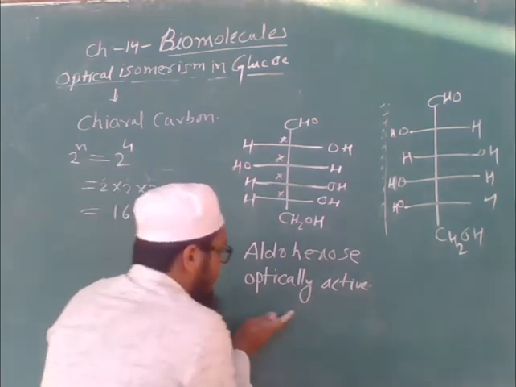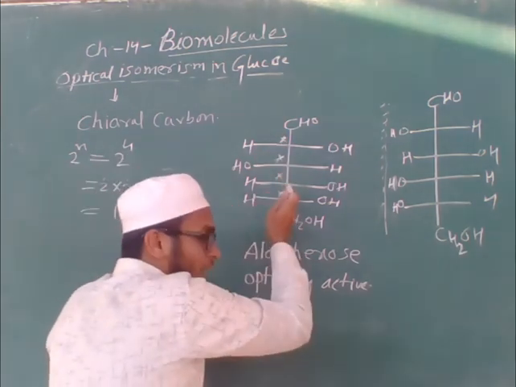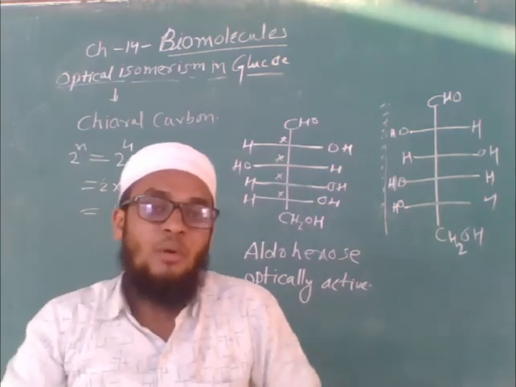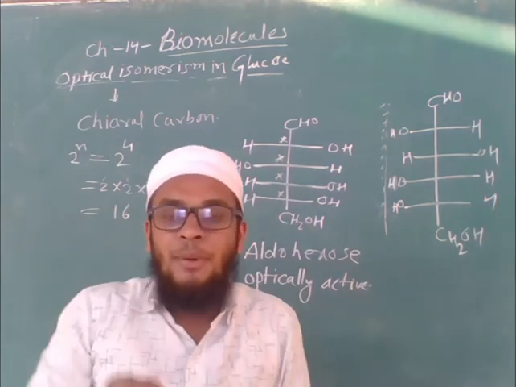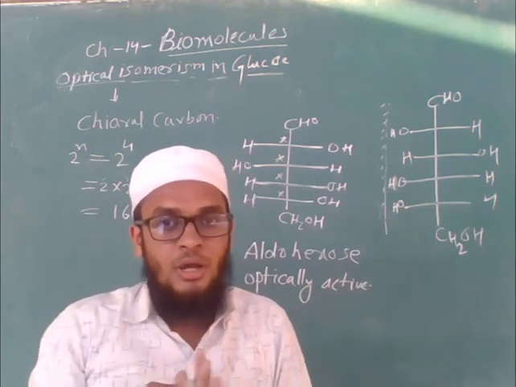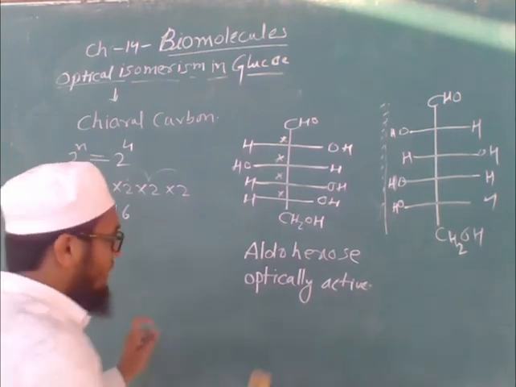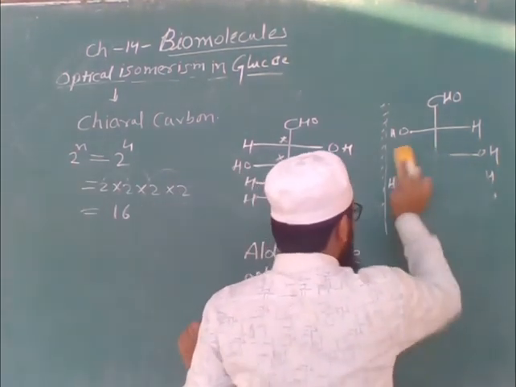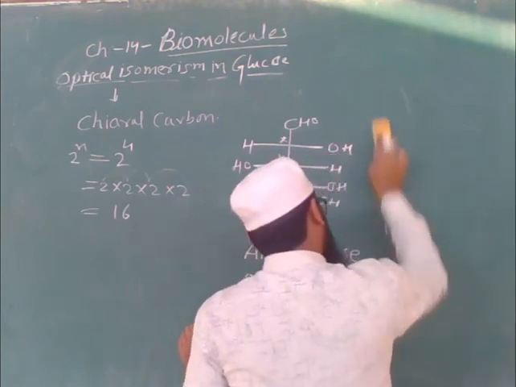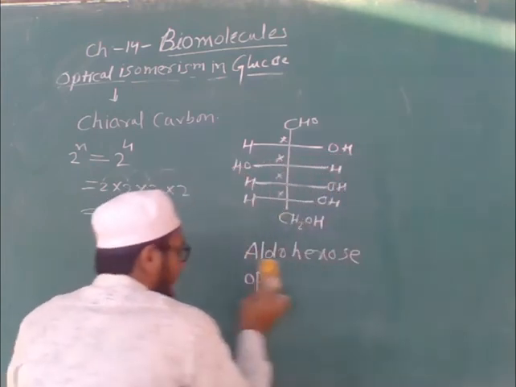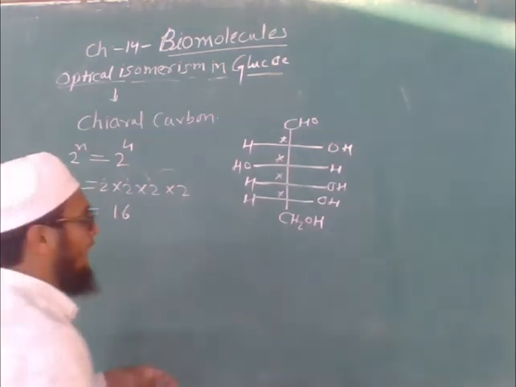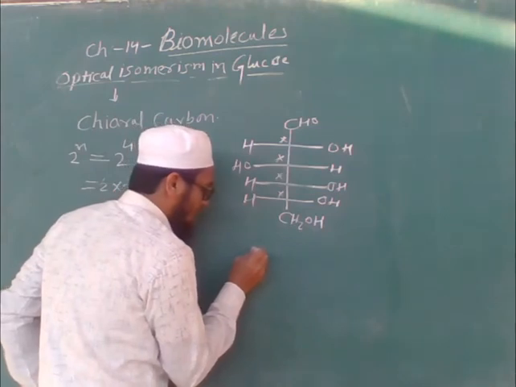So the glucose molecule has 4 chiral carbons, so definitely it will show optical isomerism. What is optical isomerism? The property of a molecule to rotate plane polarized light. So I will name this glucose molecule: it has a property to rotate plane polarized light in a clockwise direction.